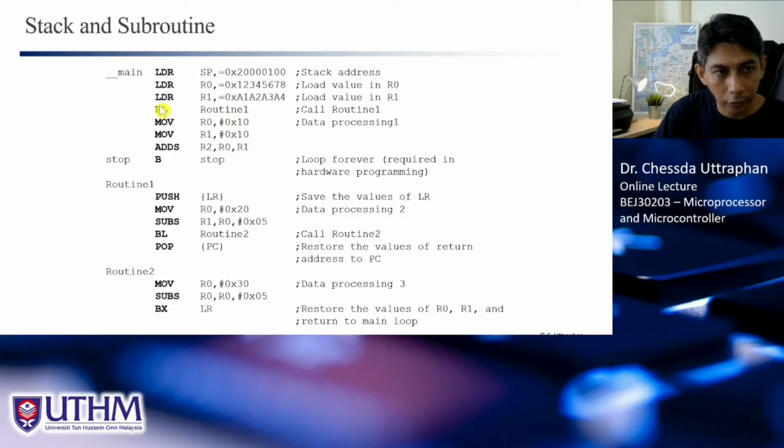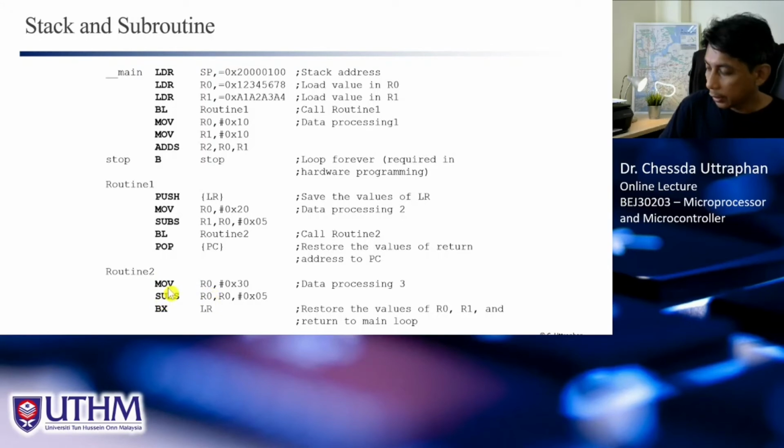Of course, when you call routine 1, the microprocessor will go to routine 1 and execute this instruction, this instruction, this instruction, and again in routine 1 you have another subroutine call. You call the second subroutine inside routine 1 here, routine 2, and of course when you call routine 2, the microprocessor will go to routine 2 and execute the instructions in routine 2 until finish and go back.